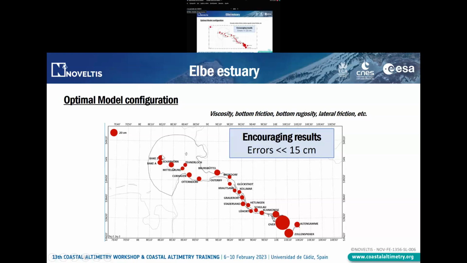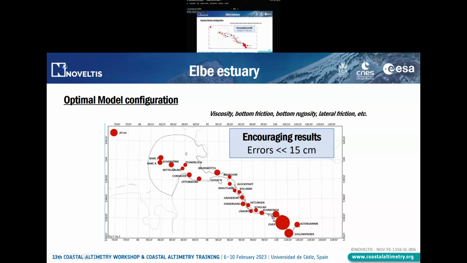Here I show you with red circles the errors between the in situ data from the 25 stations and the free run model outputs with the configuration that I showed you in the last figures. We can observe that most of the errors are smaller than 15 centimeters.